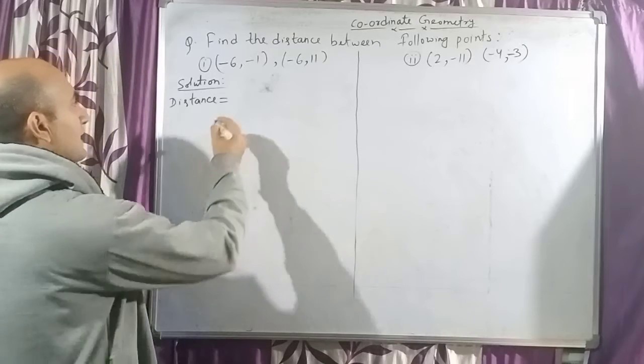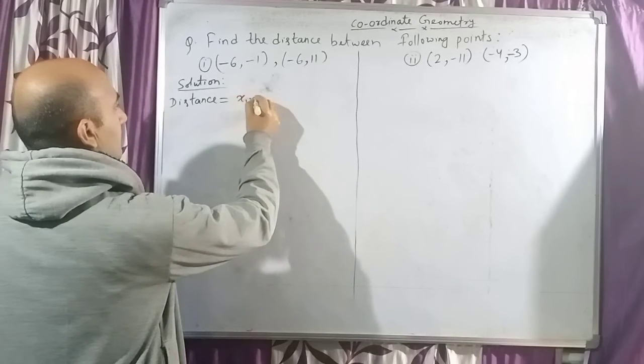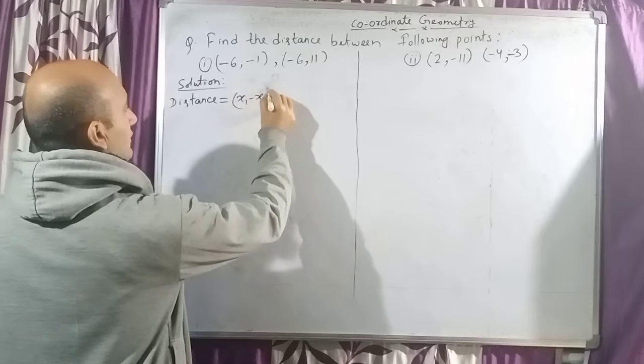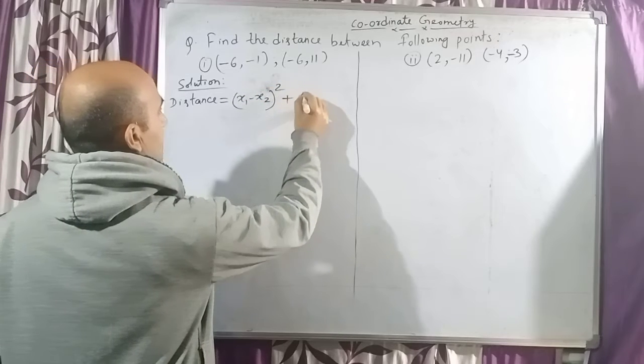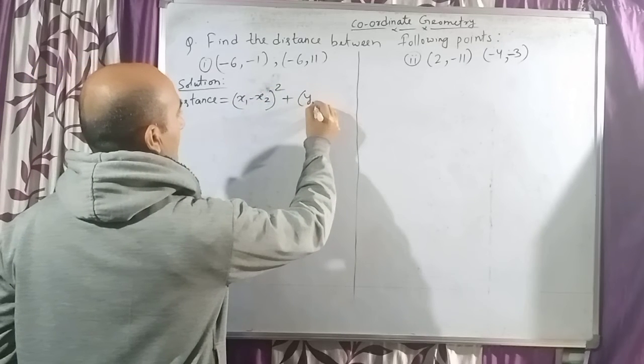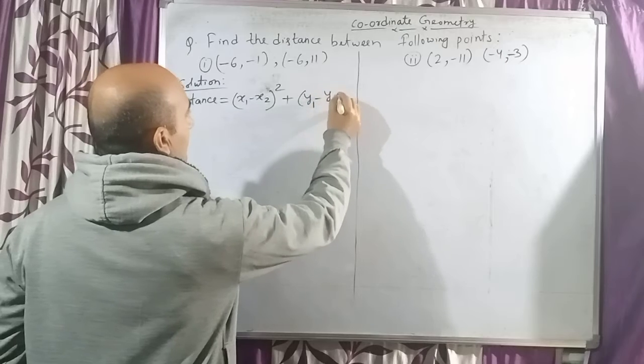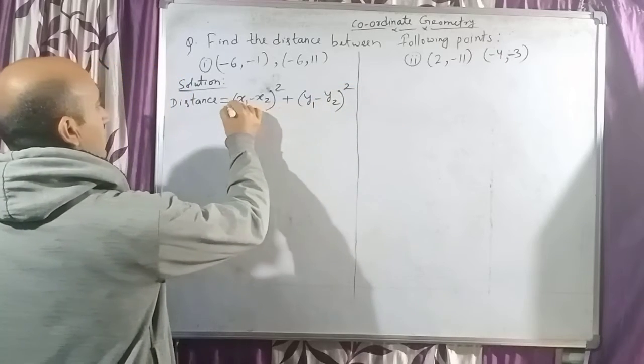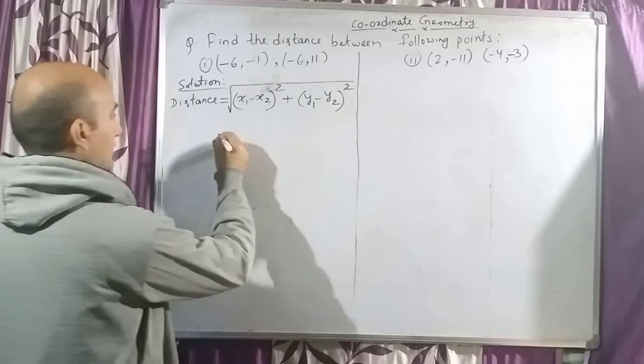So let me do with the x1 minus x2 whole square plus y1 minus y2 whole square and root over.